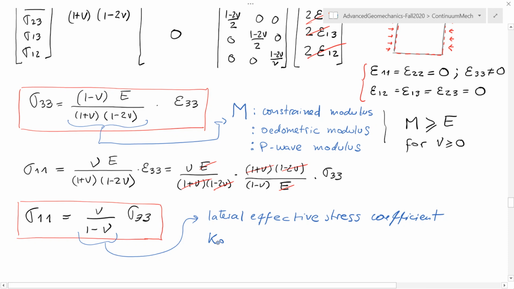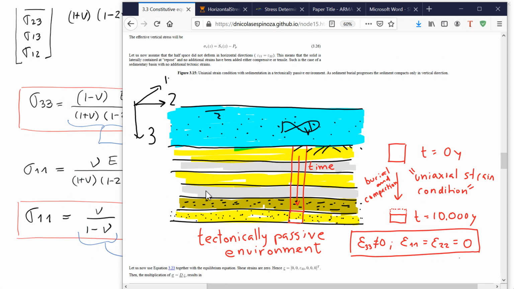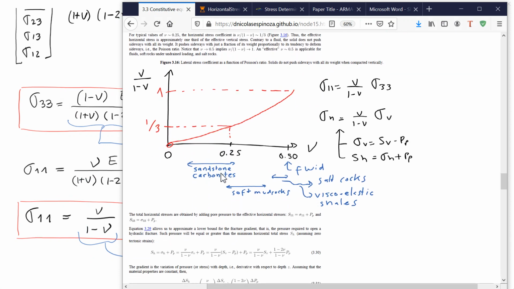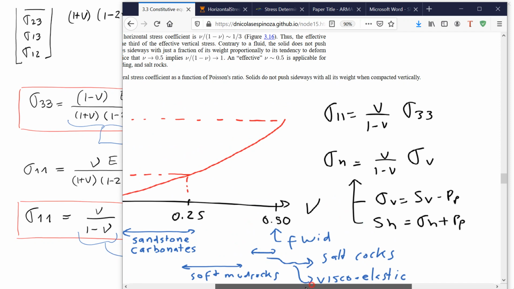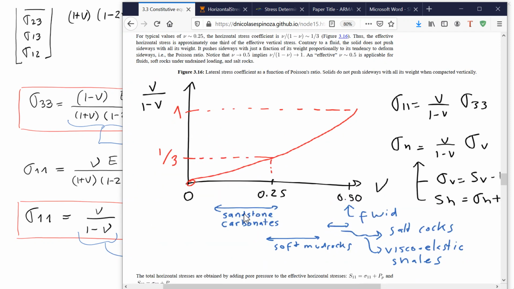Alright, so let's see now what is the value for typical values of the Poisson ratio. And for that I have a schematic over here that I have already drawn, and here we can see that depending on the value of the Poisson ratio, the effective lateral stress coefficient is going to vary. Poisson ratio goes from 0 to close to 0.5 for most solids, and is equal to 0.5, for example, for a fluid.